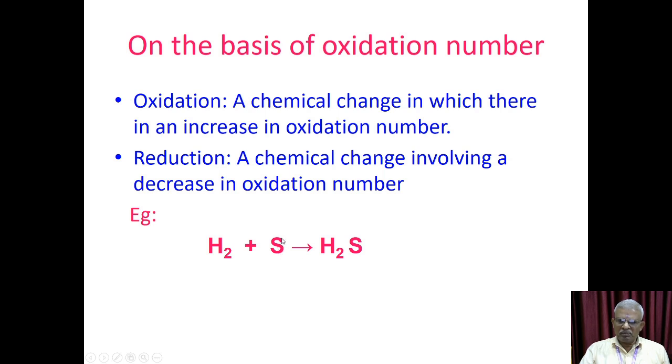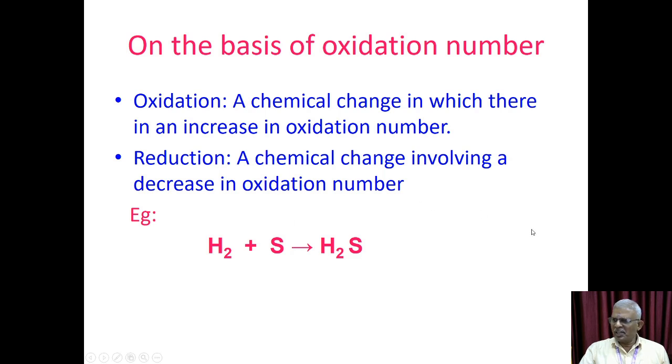What is the oxidation state of sulfur here? 0. Now it is -2. Hydrogen here is 0, and now it becomes +1, right? So it gets oxidized. Two hydrogens are there, so totally +2, and here -2.